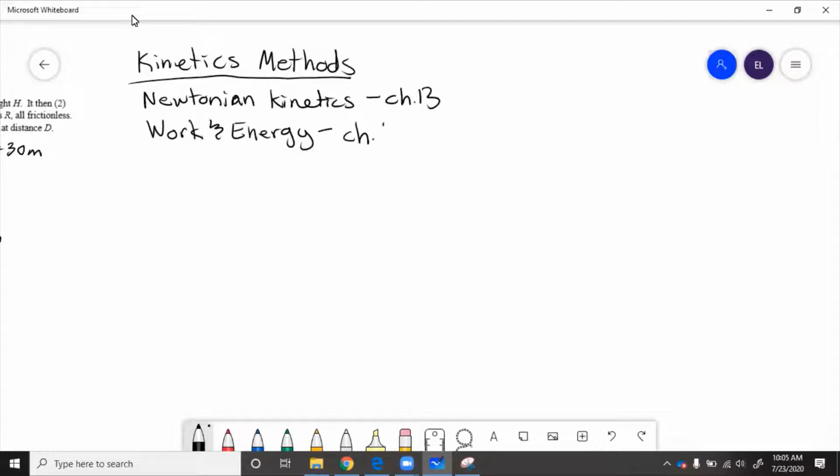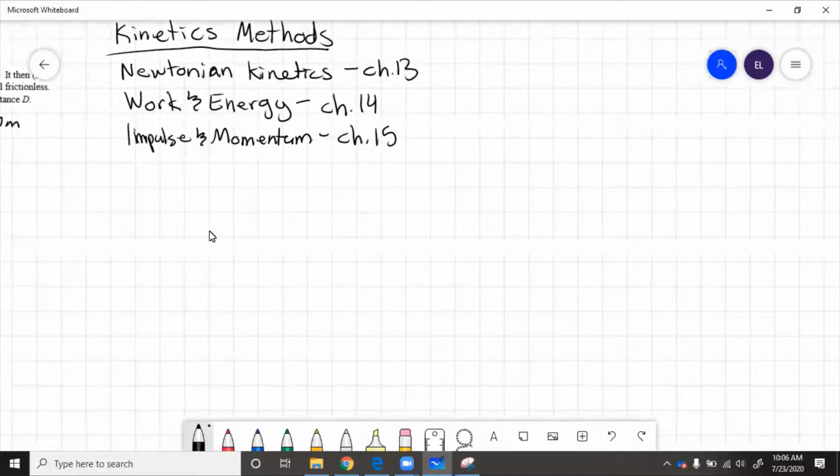That is chapter 14. And then finally, we learned impulse and momentum. That was chapter 15. And also conservation of momentum is included under that.